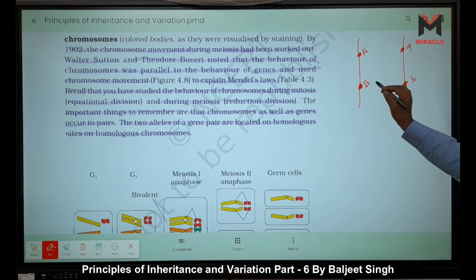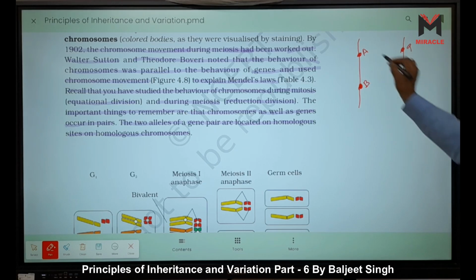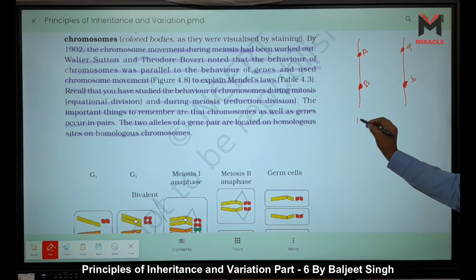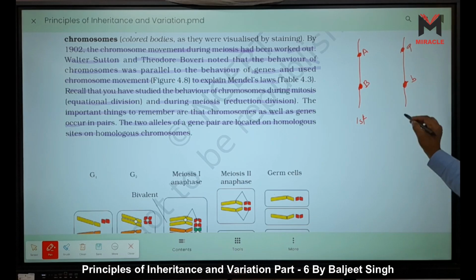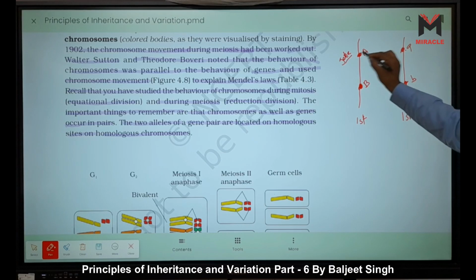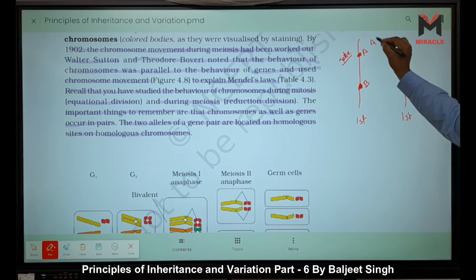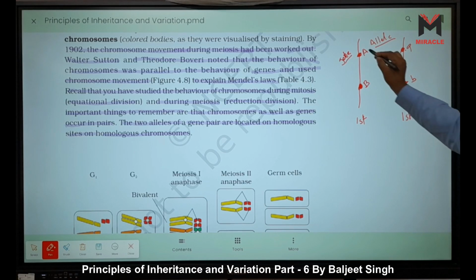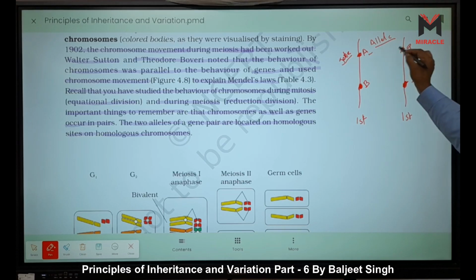These are the first pair of chromosomes. This is also the first pair of chromosomes. So both are the first pair of chromosomes, and these are genes. These two are called alleles.